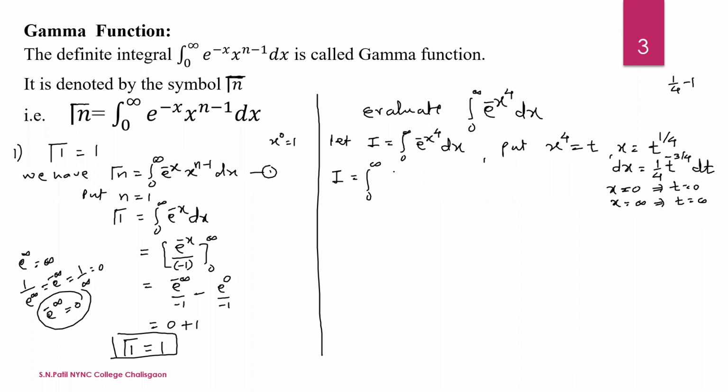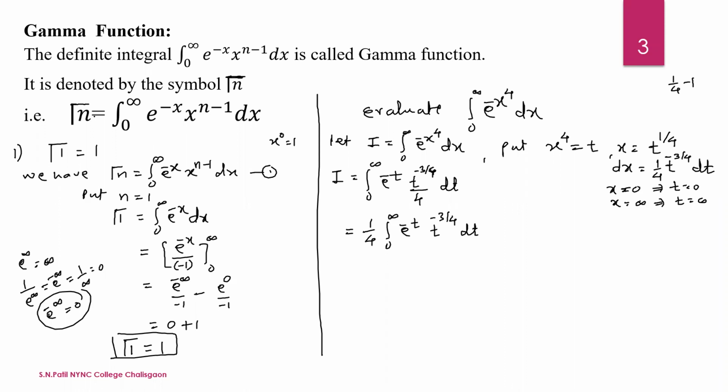So we get e to the power minus t, and the value of dx is t raised to minus 3 by 4, with denominator 4, dt. Here 1 by 4 is a constant, and the integral from 0 to infinity of e to the power minus t, t raised to minus 3 by 4, dt. Now we have the same form as the gamma function.